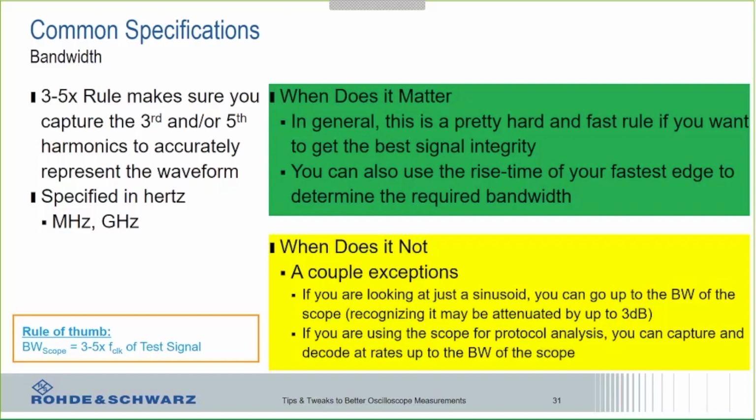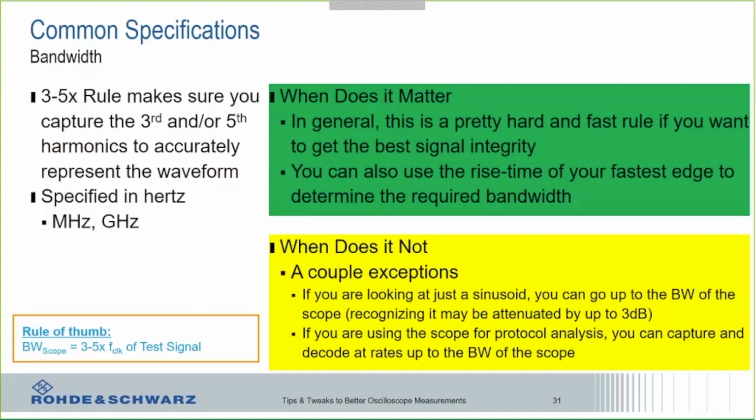The second exception is if you're using the scope for protocol analysis, meaning you're doing protocol decode of a waveform. In general, you can typically capture and decode at rates up to the bandwidth of the scope. The reason is that when we're decoding the waveform, we're just looking at where the threshold crossing is.